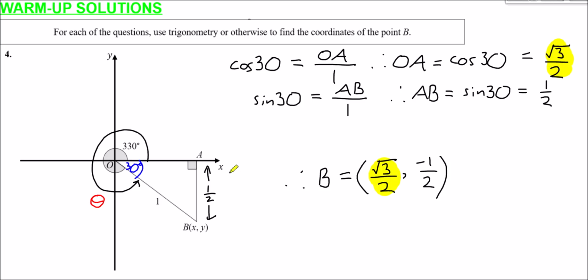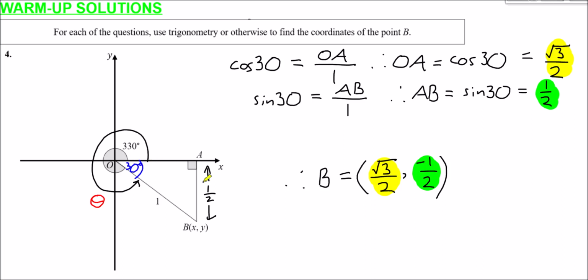The y-coordinate of any point 1 unit away from the origin relates to the sine function of this acute angle made in this right-angled triangle. The magnitude is always the same, as we can see here, but sometimes the sign is different. That's to say that the acute angle in this right-angled triangle will always relate in the way that the cosine of this will relate directly to the x-coordinate, the sine of this will relate to the y-coordinate.